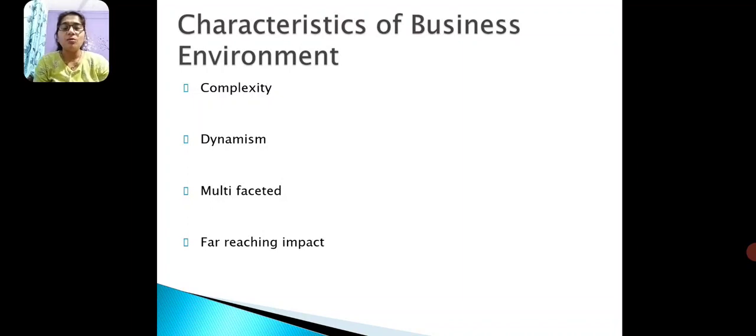The first and foremost thing is complexity. It means it is complex, it's not simple, isn't it? If you are running an organization, if you are having your business, it's not simple because you are surrounded by so many things.